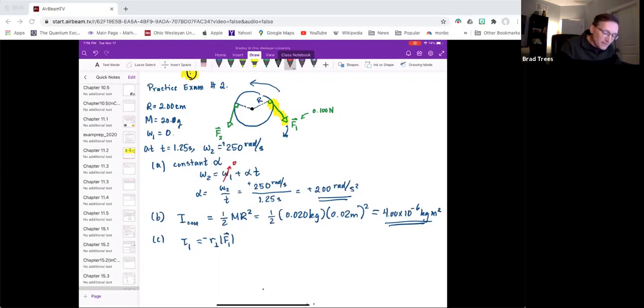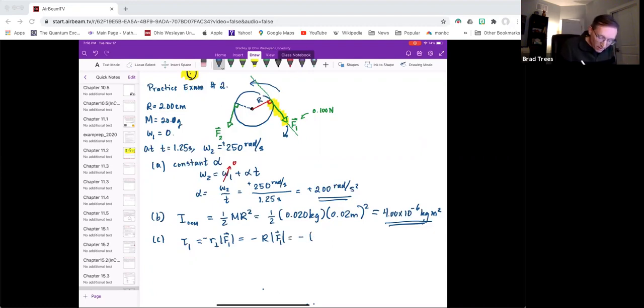Well, that's the perpendicular distance from the axis of rotation to what's called the line of action of the force. Well, the line of action of the force is tangential to the edge there. And the moment arm goes out at a right angle. The point is that the moment arm is just the radius of the disk. So this is then minus big R times F1.